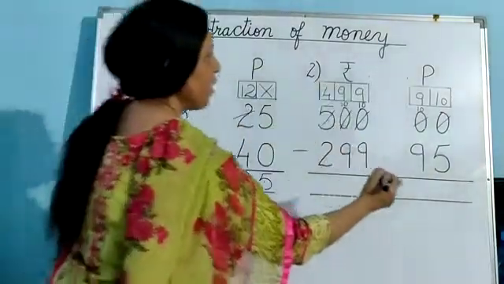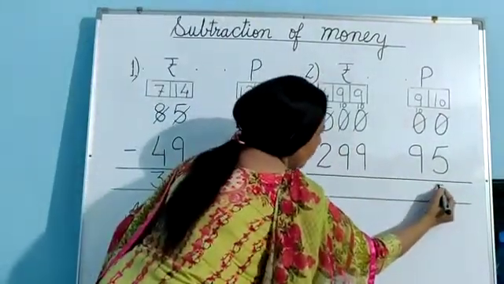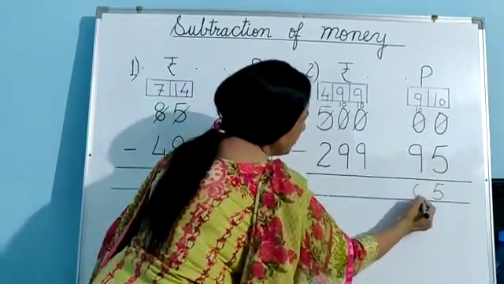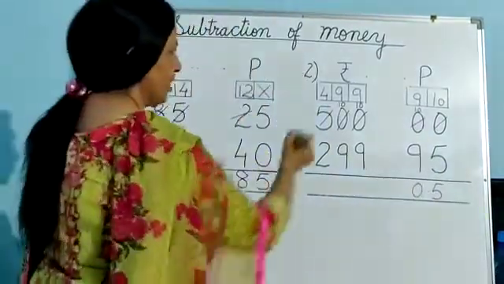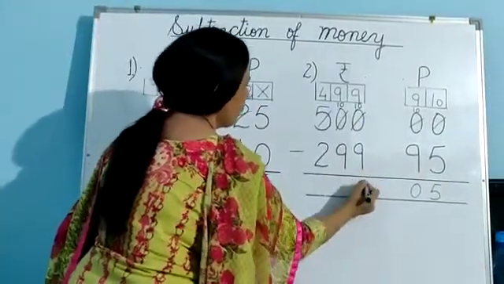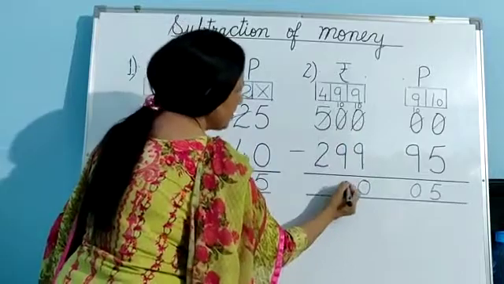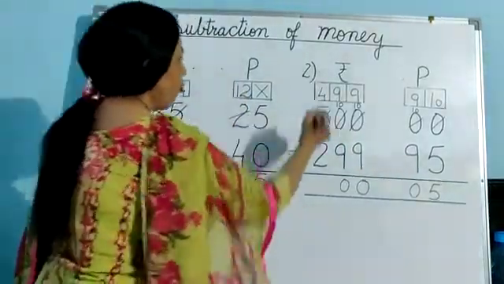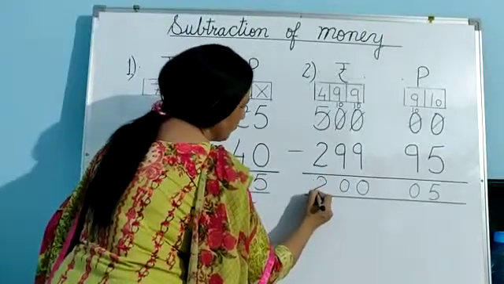Now 10 minus 5 is 5. 9 minus 9 is 0. Again 9 minus 9 is 0. 9 minus 9 is 0. 4 minus 2 is 2.